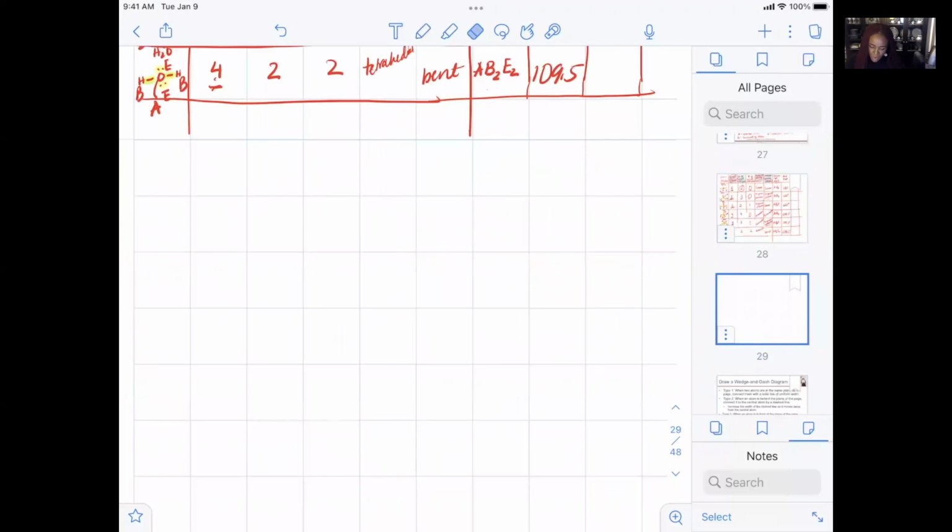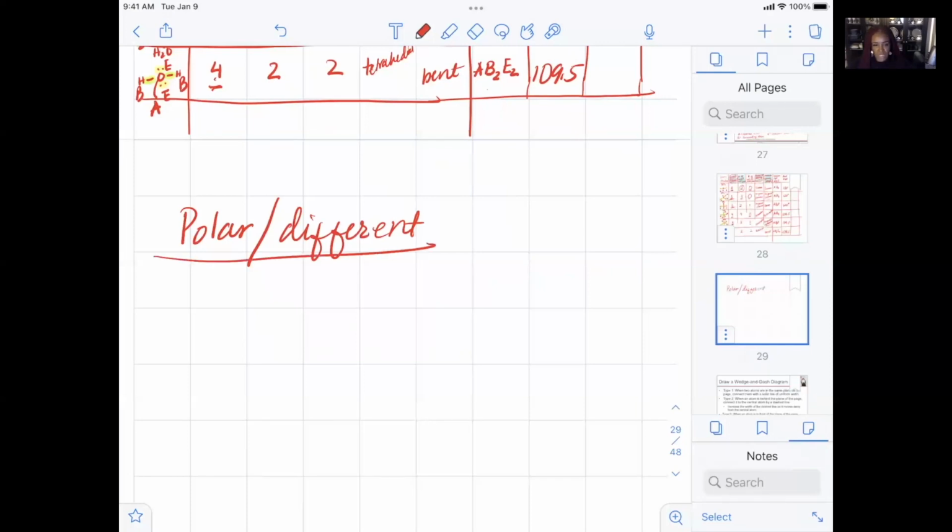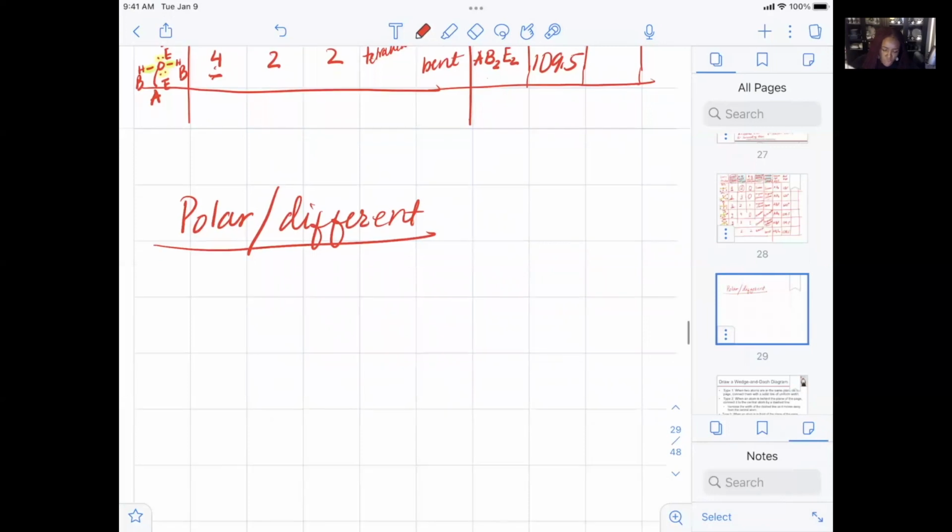Okay. So to tell if a molecule is polar, remember polar stands for different. We talked about different atoms within a bond. Now we're talking about molecules that are already built and whole, but there's differences in the molecule. To tell if a molecule is different, number one, it helps to have different elements.